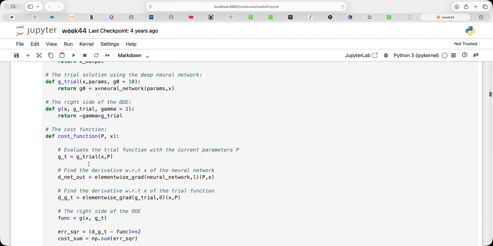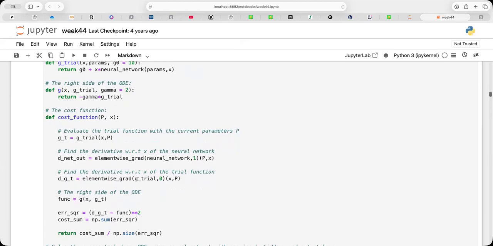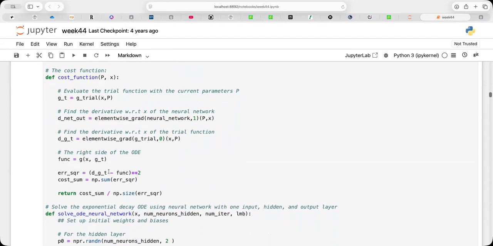And you can see now that in the cost function, we take the element-wise gradient of the neural network with respect to the parameters we have. And then we find the derivative of the trial function with respect to the parameter x, which we have here, which is this one. And then we can define now the function, which is simply the derivative minus the function itself squared.